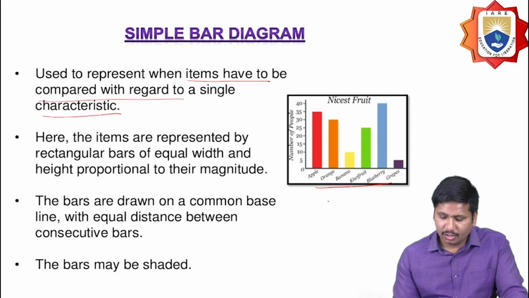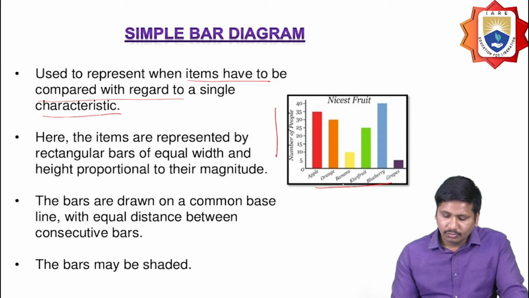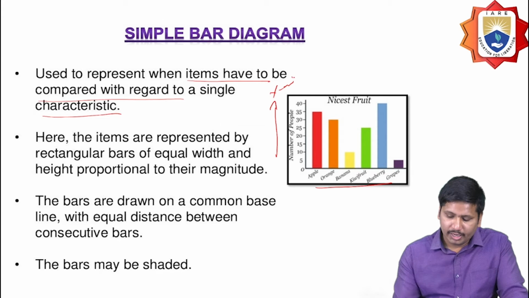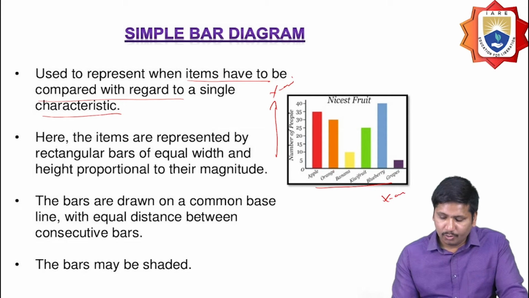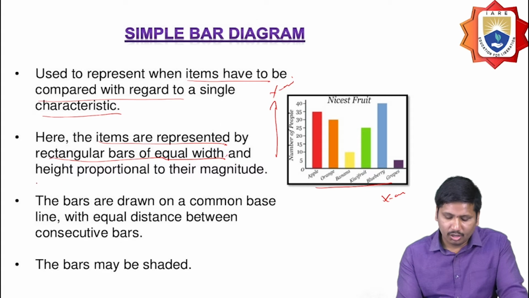The fruits I'm taking on the x-axis here, and the number of people on the y-axis. I would like to know which fruit people like the most. So for that, what do I have to do? The items are represented by rectangular bars of equal width and height proportional to the magnitude.